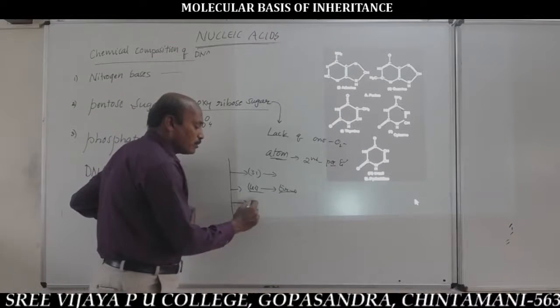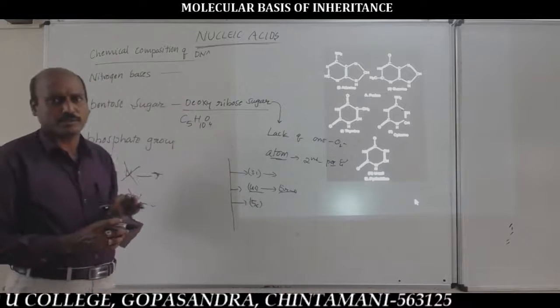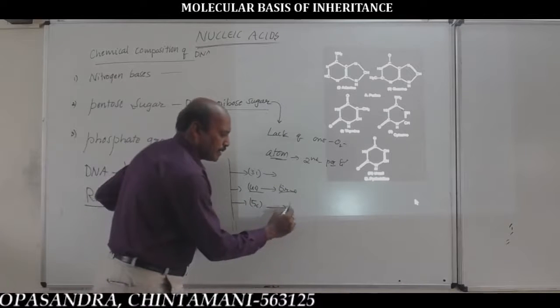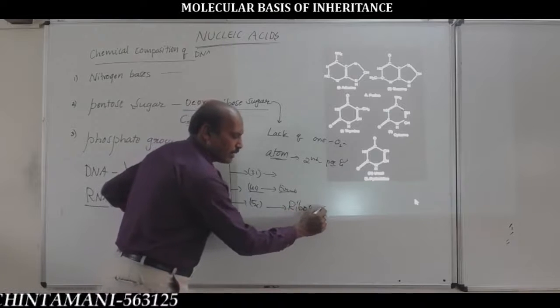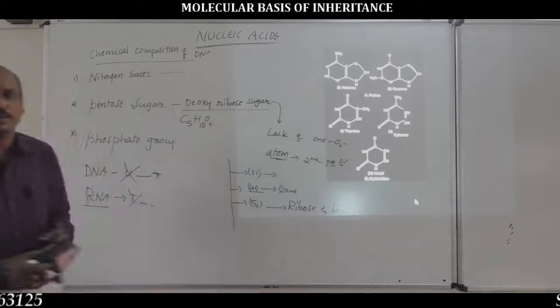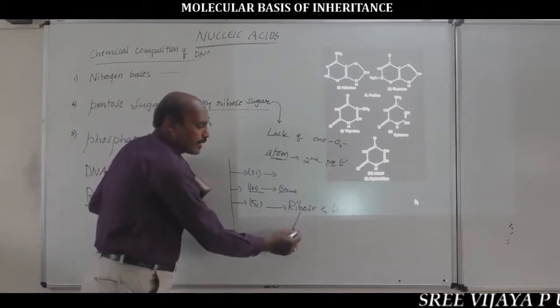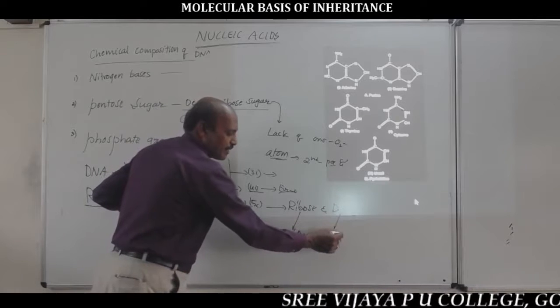Next are the pentoses, having 5 carbon atoms. Example, ribose sugar and deoxyribose sugar. Ribose sugar is present in RNA and deoxyribose sugar is present in DNA.